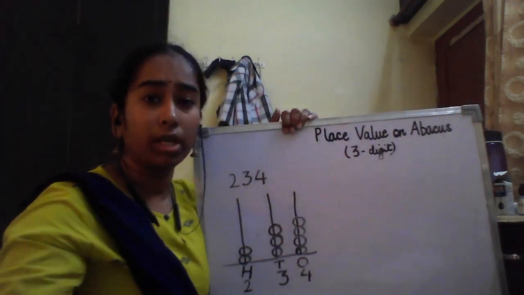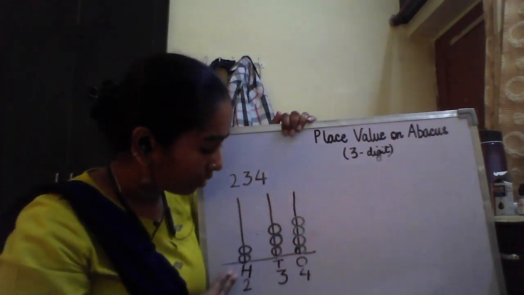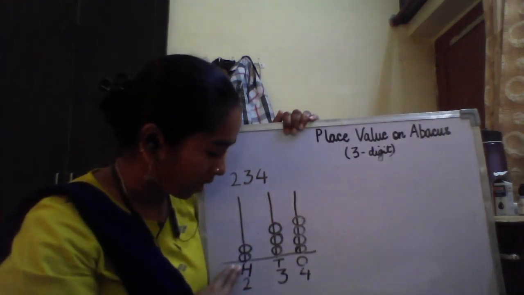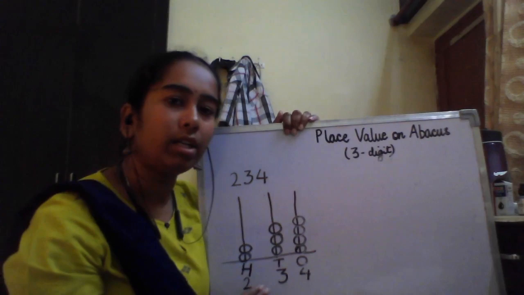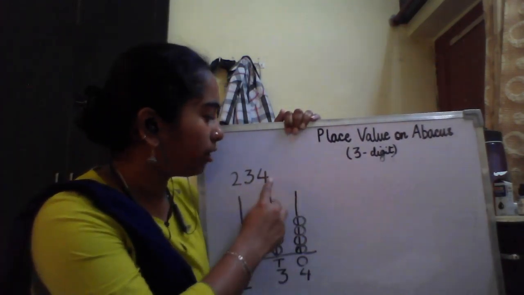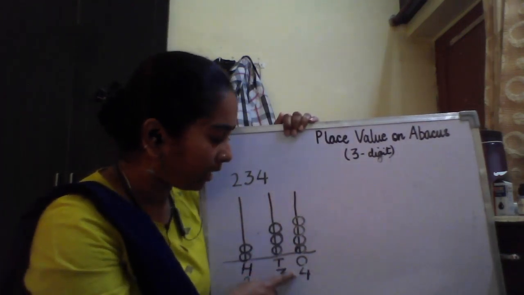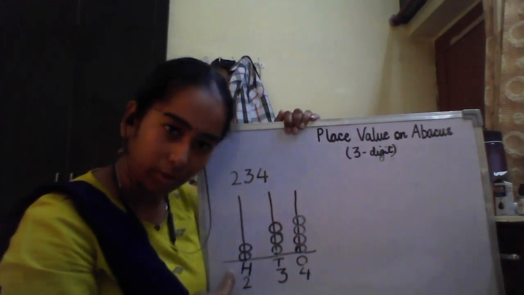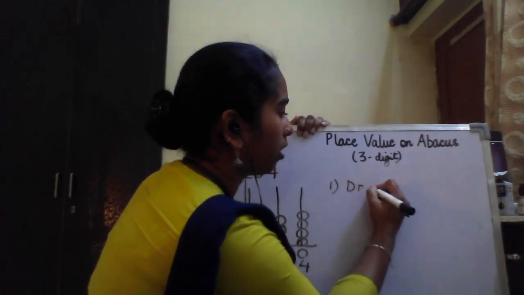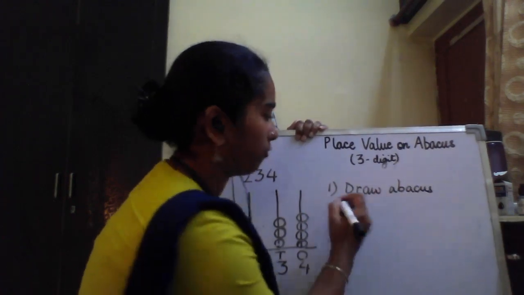First, you will draw the abacus. Second, you will write the place values under the abacus, and with the place values you will also write the 3-digit number. Third, you will draw the number of beads written under each place value. Number 1, draw the abacus.